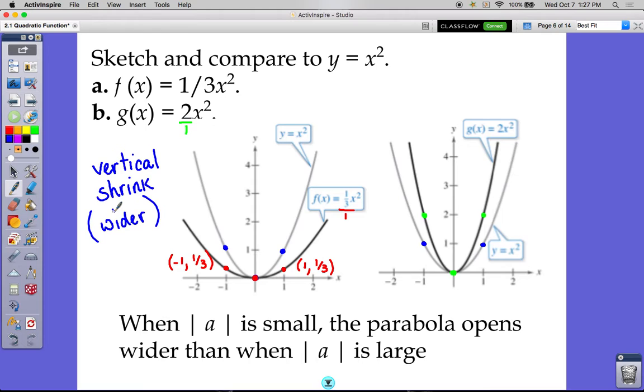This one here is a vertical stretch. That means it's going to look narrower. If it stretches vertically, that means it's skinnier. The parabola is narrower. If it's a vertical shrink, it's going to look wider.